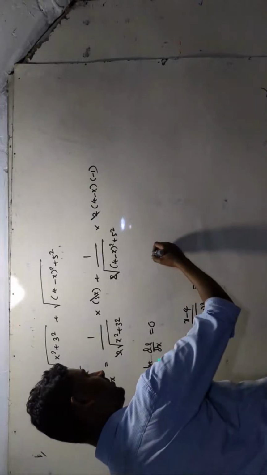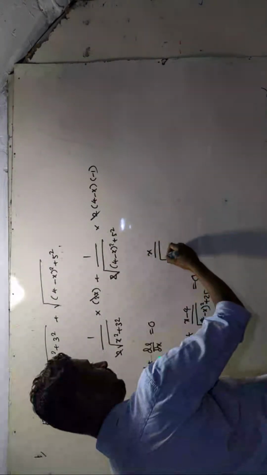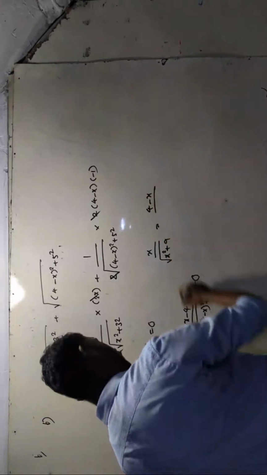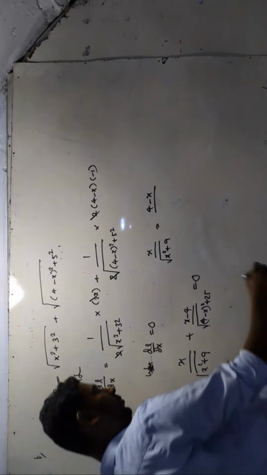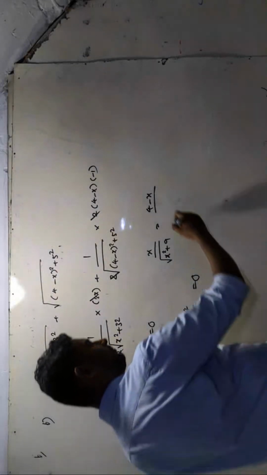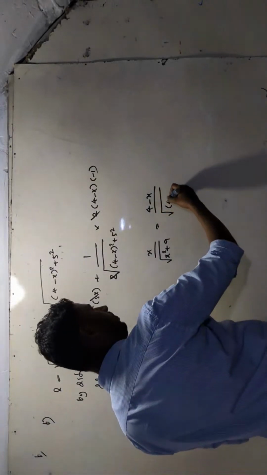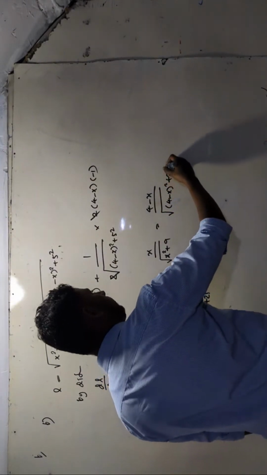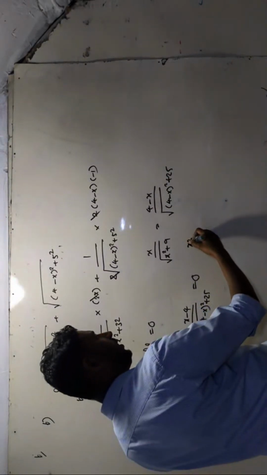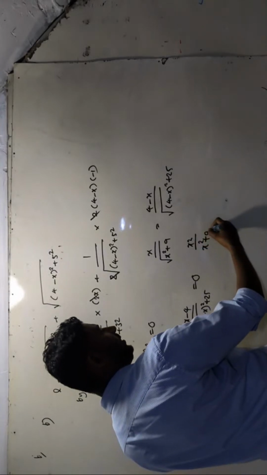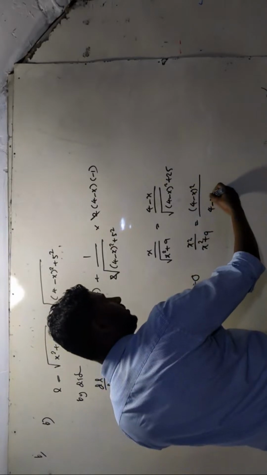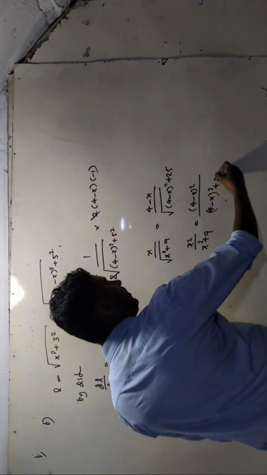So x over root of x squared plus 9 is equal to (4 minus x) over root of (4 minus x) squared plus 25. Okay, now square it. So x squared over x squared plus 9 equals (4 minus x) squared over (4 minus x) squared plus 25.